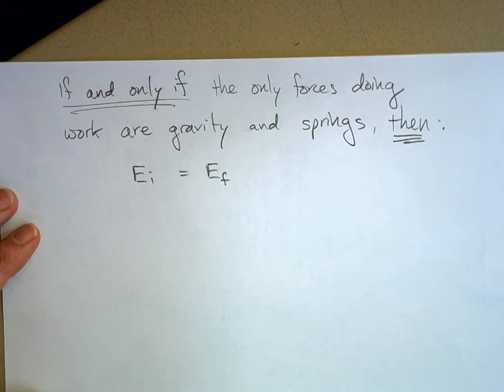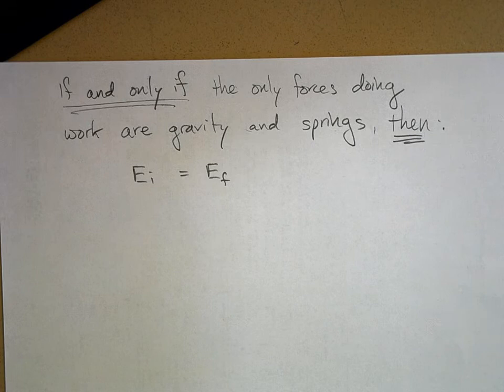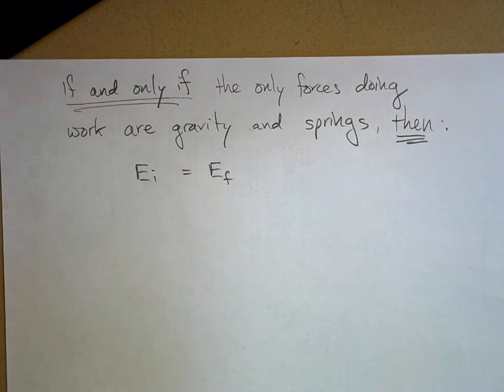So you look at a problem and you say, what forces are acting in this problem? I've got a spring, and the spring is the only thing doing any work. Or I have gravity, and gravity is the only thing doing any work. Well, then you can say mechanical energy is conserved. And you start here.